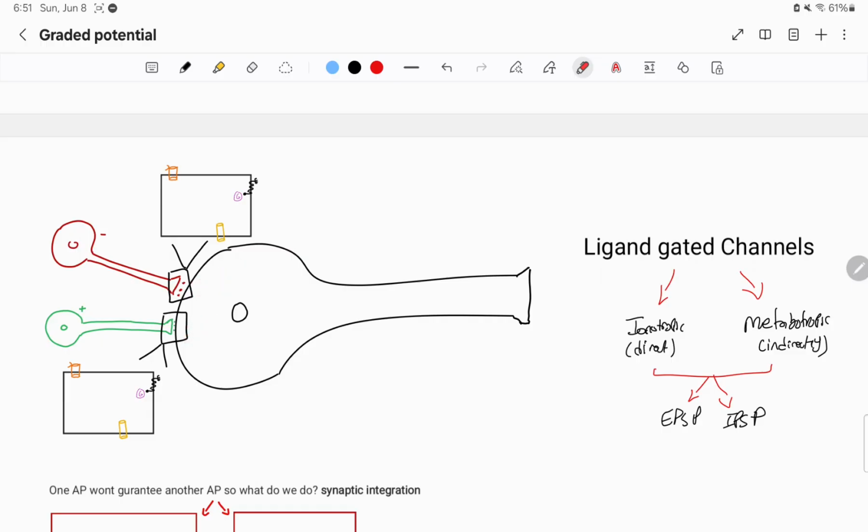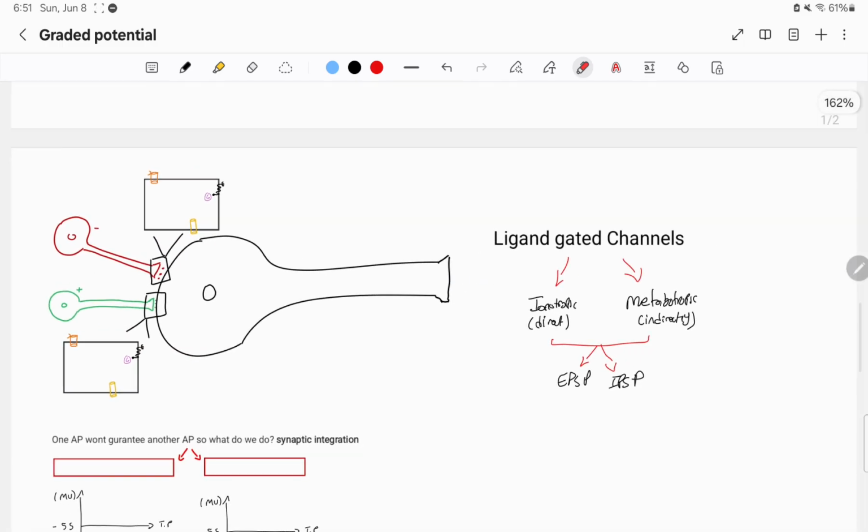Remember, both EPSPs and IPSPs can be happening on one neuron. In fact, there are multiple inputs. This is an input on this neuron. There are multiple inputs occurring on one neuron, a lot of times. There are hundreds, thousands, maybe even billions, I don't know, of inputs on a singular postsynaptic neuron.